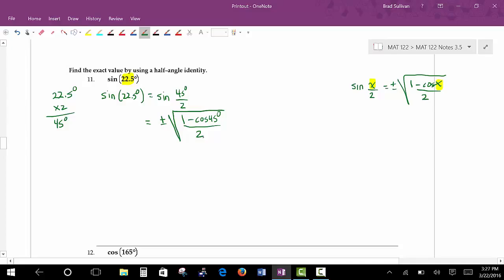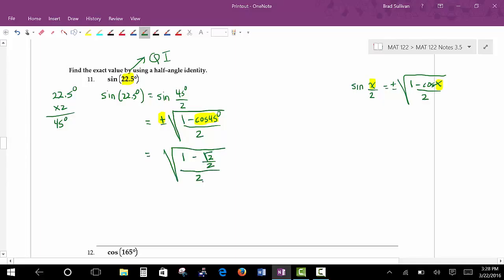Now what we need to do is figure out the cosine of 45 degrees, but the other thing is this is a quadrant 1 angle. Therefore, we would conclude that the answer to this problem is positive. Okay, just because of that identity. So we would have positive square root, and then if we do the cosine on the unit circle, the cosine of 45 is square root of 2 over 2, and that's all over 2.